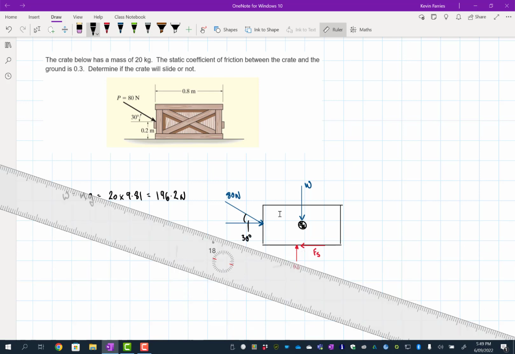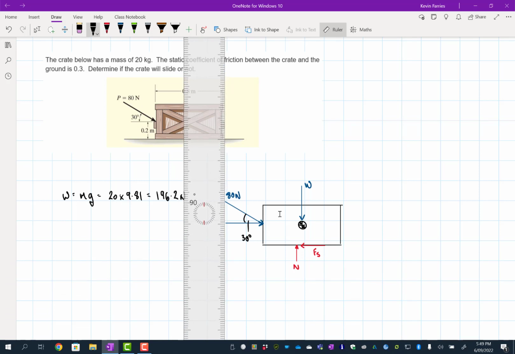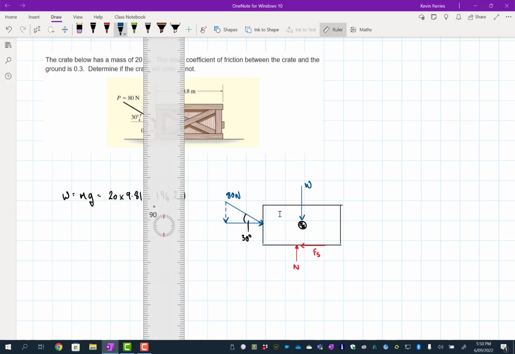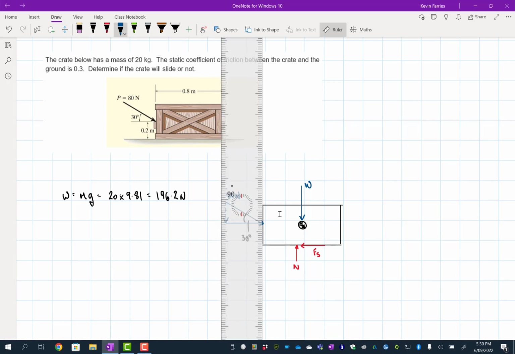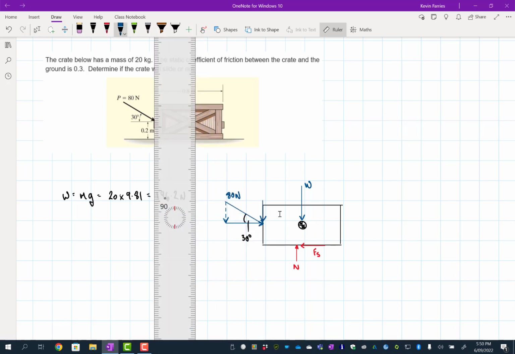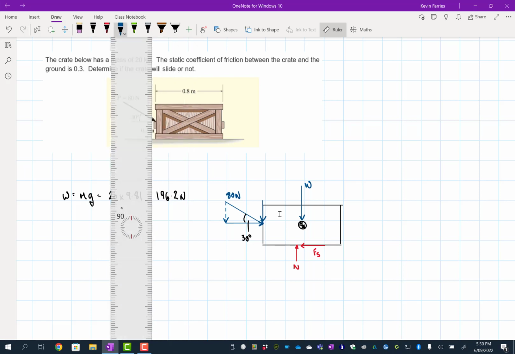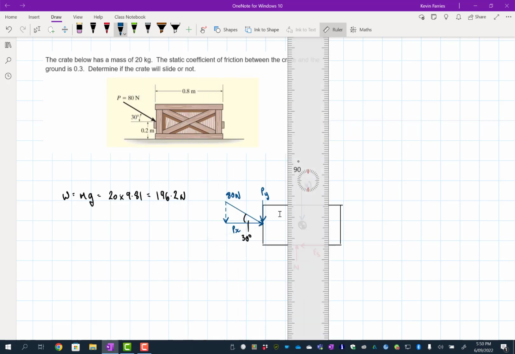And we're also going to have, if we're doing nose to tail, a vertical component here as well, like so. But its actual point of application will be over here. We'll call this PY and PX.